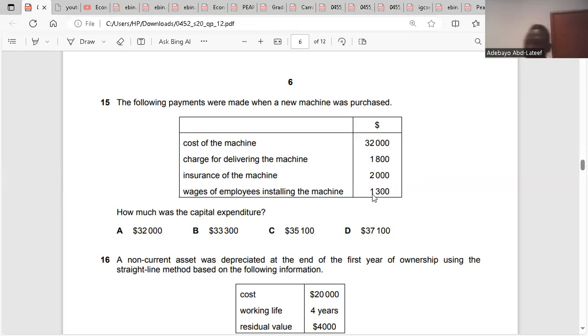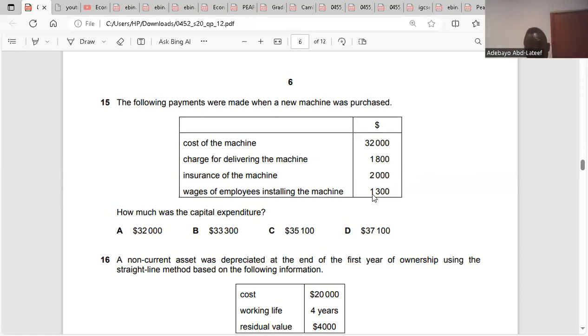Is it clear? So our capital expenditure here are the cost of the machine, which is 32,000, the delivery charge of 1,800, and the installation of 1,300. The total is 35,100. Did you get it right? So 15 is C.